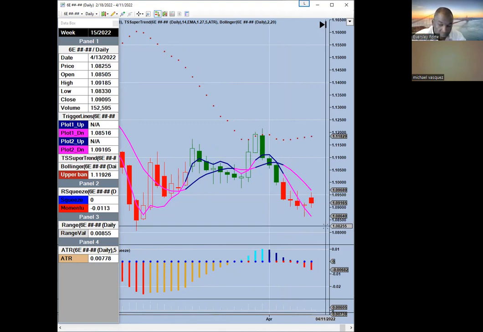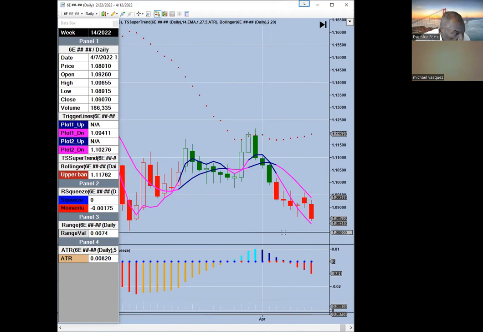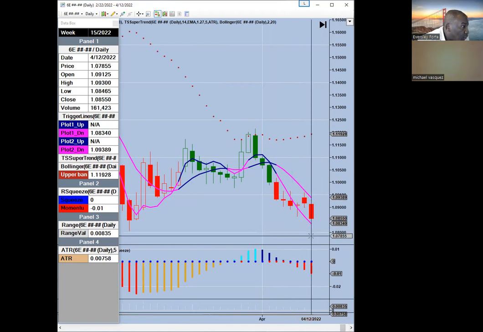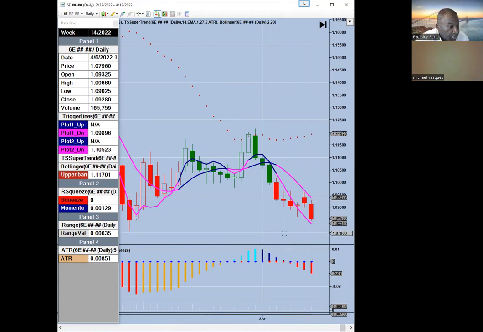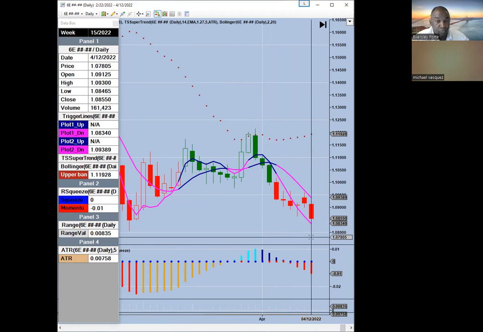Okay. Next day, it went down. The low that day, 1.0846. My target's still not hit yet. Okay, I'm in the trade now 1, 2, 3, 4, 5 days. But my target's not hit. Nothing for me to do.